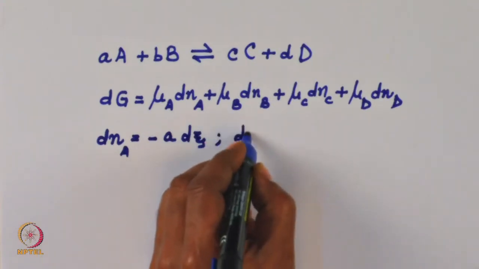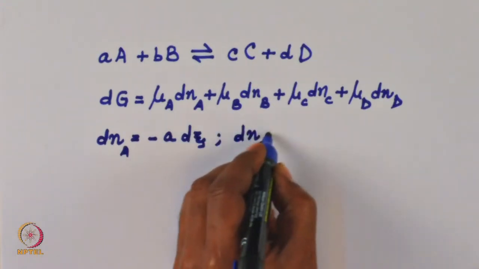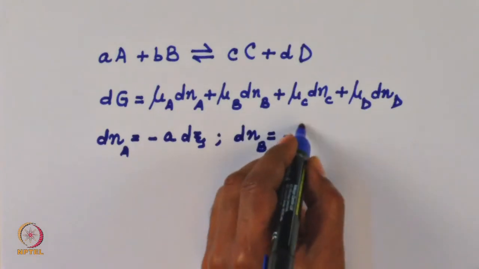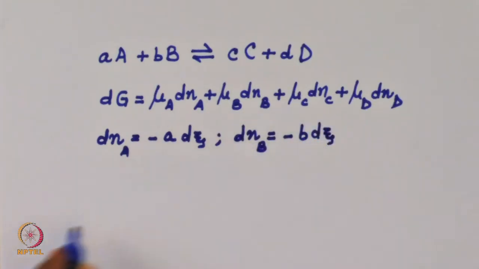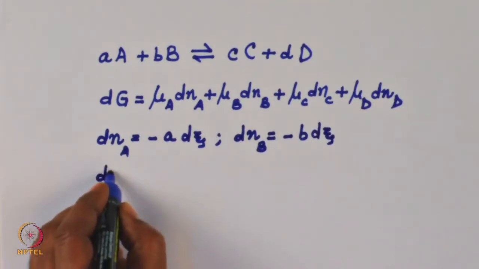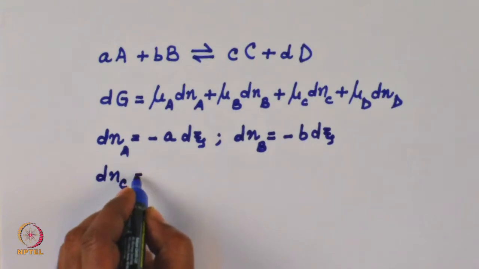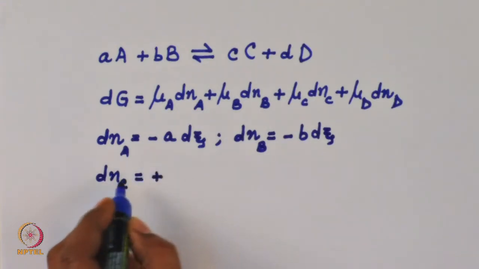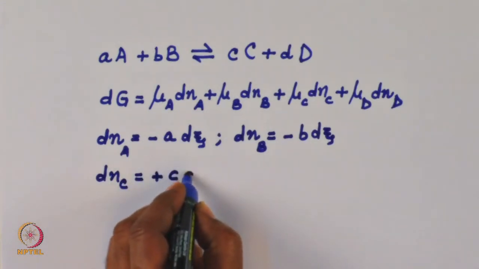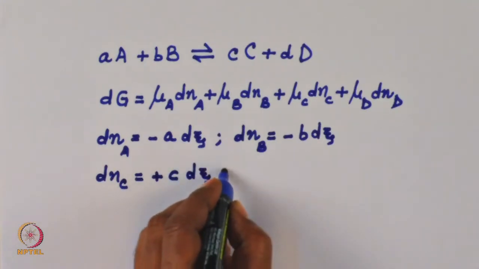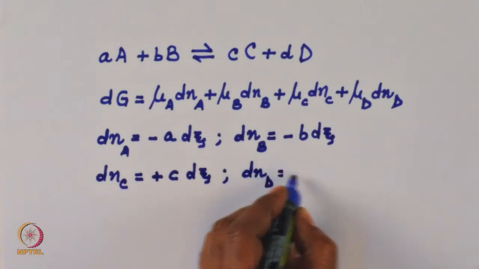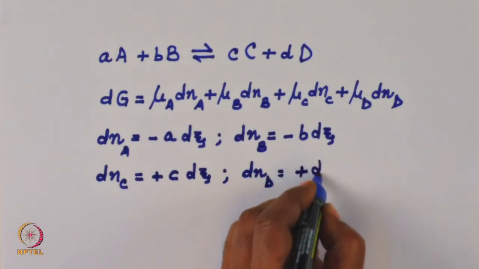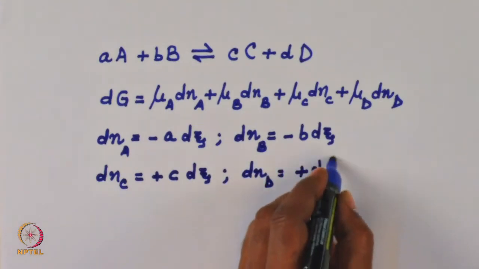Similarly, dn B, B is being consumed, will be minus stoichiometric number nu B times the advancement of the reaction. And dn C will be equal to plus nu C times d xi, and dn D is equal to plus nu D times d xi.